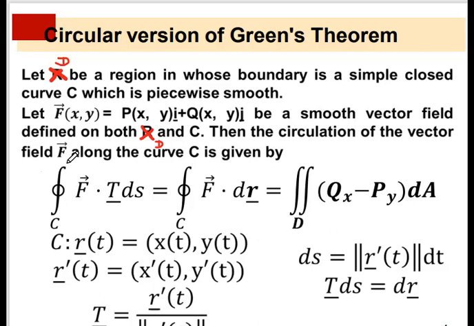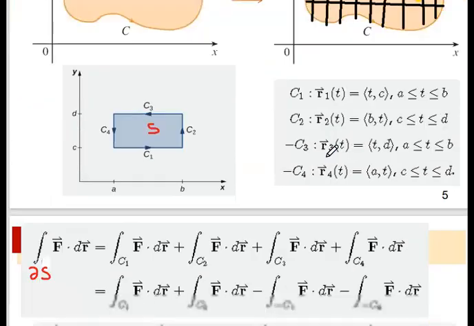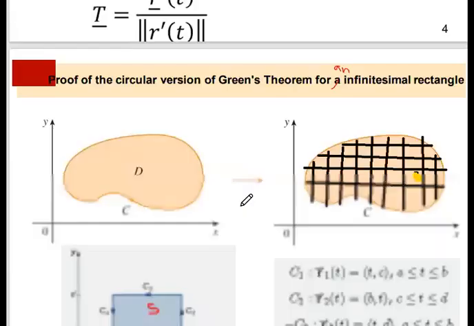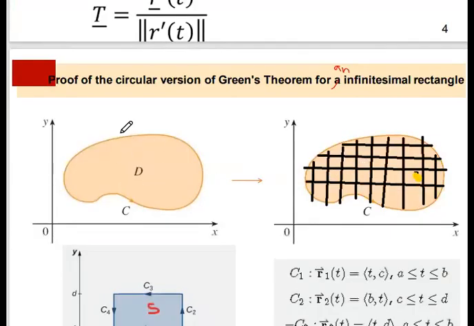Then you can compute the line integral, that means the circulation of the vector field along the curve C. So this is one of the forms of Green's theorem. So how do you prove this? You can chop this region into very tiny rectangles.